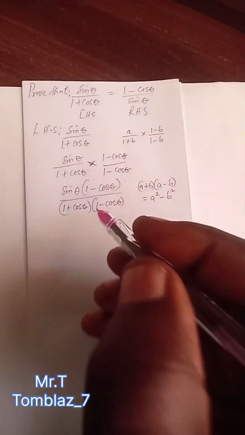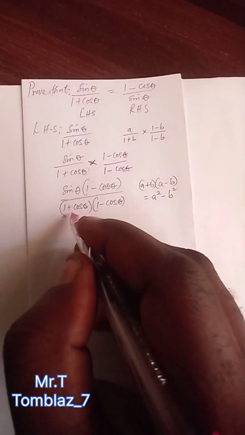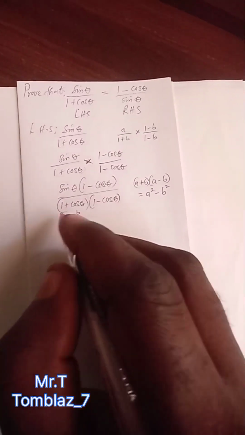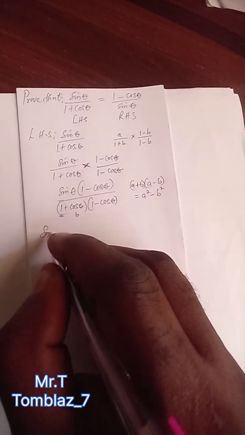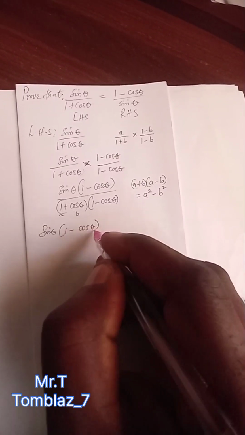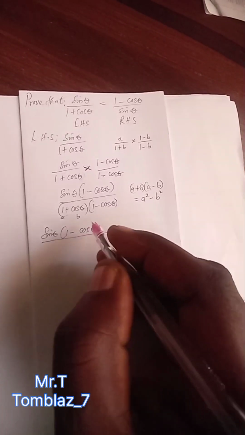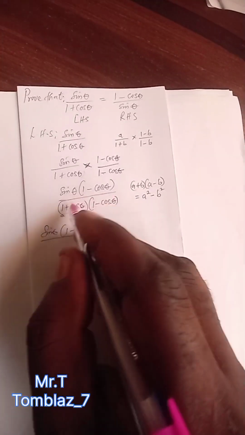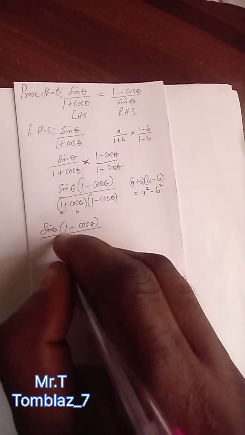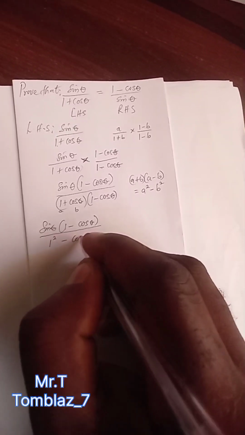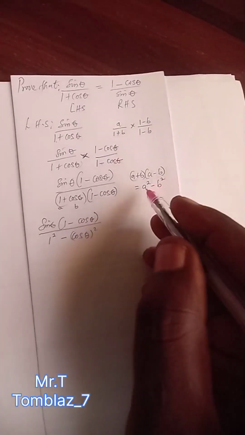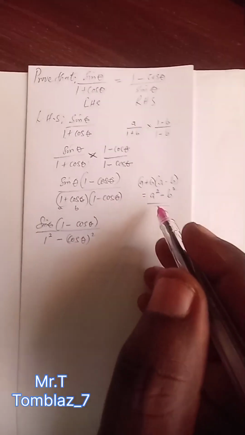Okay, so if 1 is a and cos theta is b, then I'll be having sine theta into 1 minus cos theta all over 1 square minus cos theta square from this identity, right?